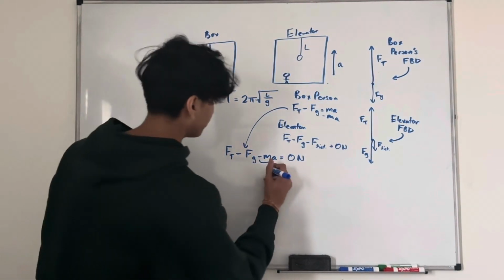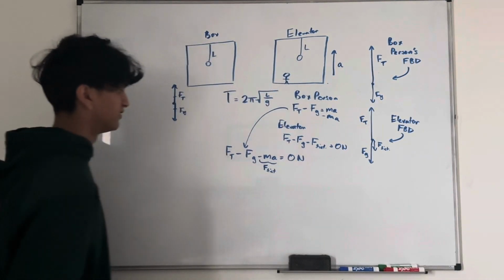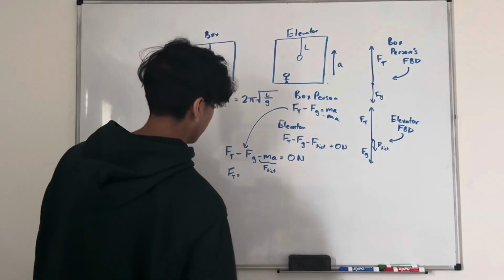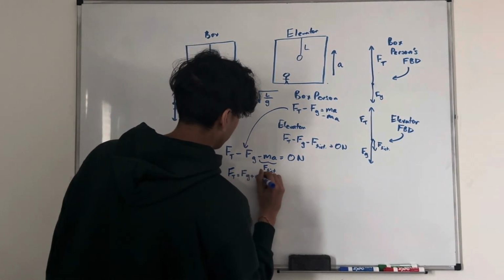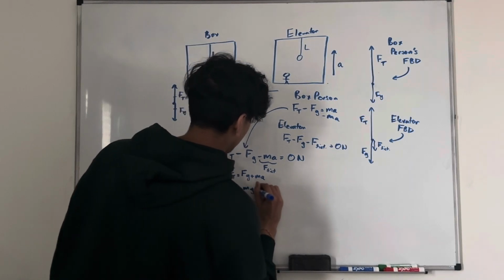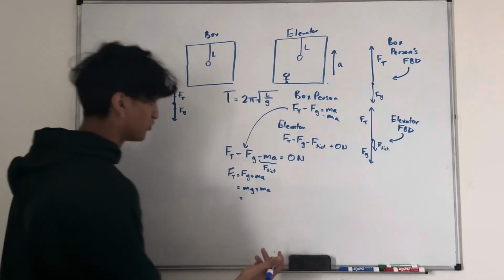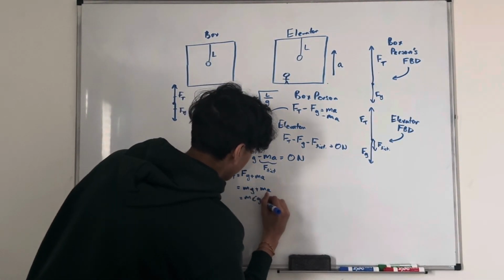So this can really serve as our F fictitious, and we could say that Ft is really equal to Fg plus ma, which is really equal to mg plus ma, which, if you factor out the m, is m times g plus a.